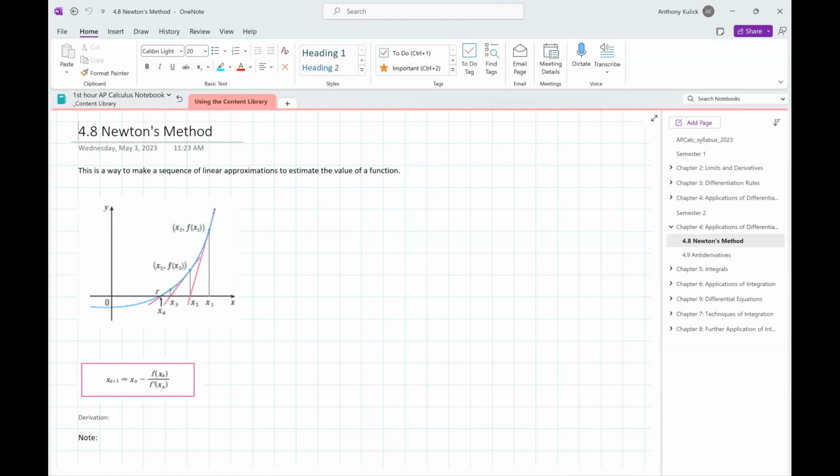So we're going to start by talking about Newton's method. You guys know how on your graphing calculator, when you go in, you do the zero function on the graph, and the graph can find the places where you cross the x-intercept or cross the x-axis, right?